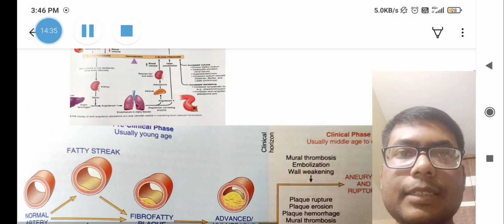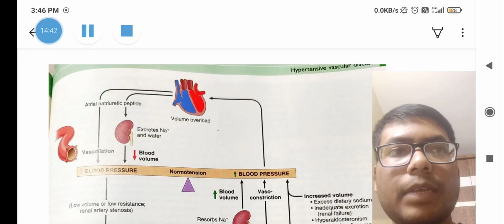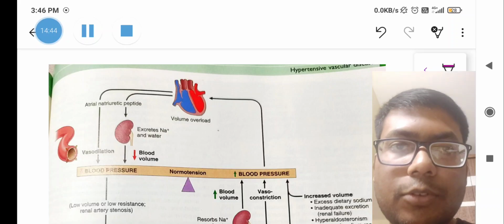Now next is the autoregulation in our body, as shown in this picture of Robbins.